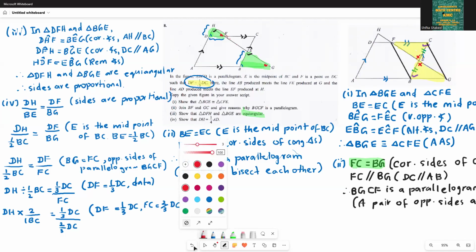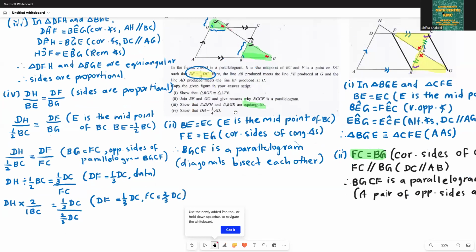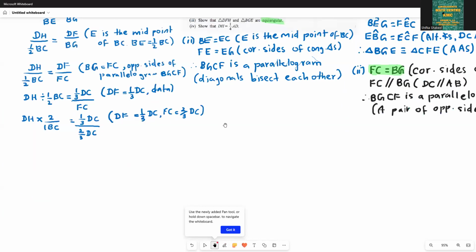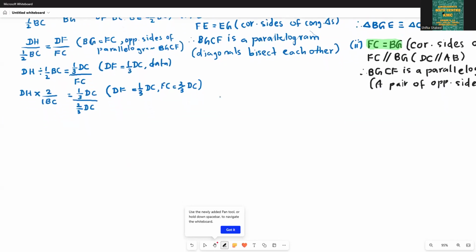In multiplication we can cut off like scissors, or else children, we can write one by one again to make it more clear. So just write here 2DH over BC is equal to 1 over 3 DC divided by 2 over 3 DC.